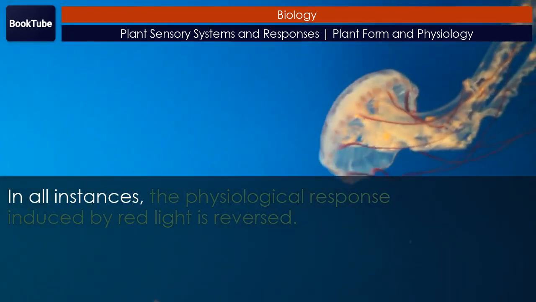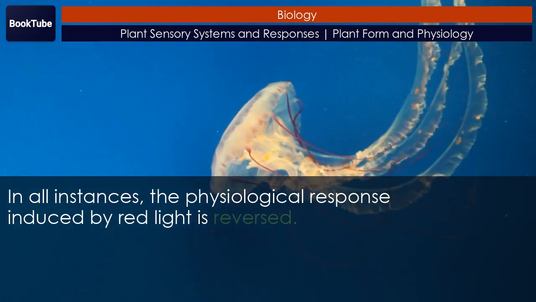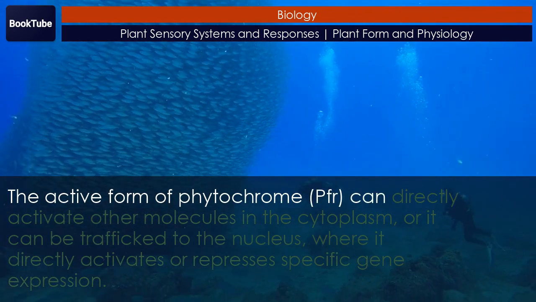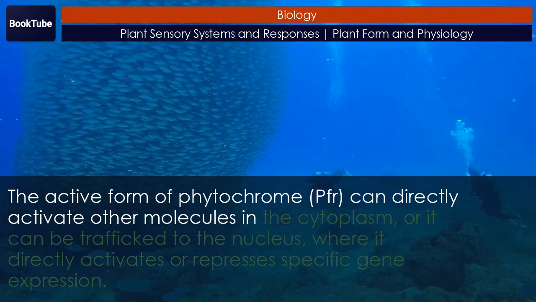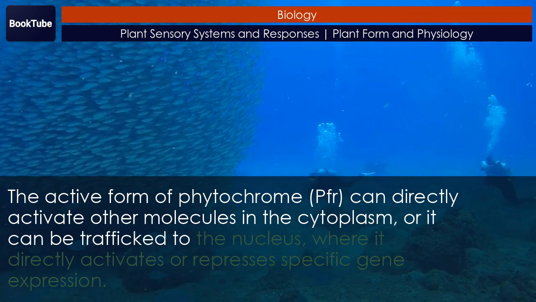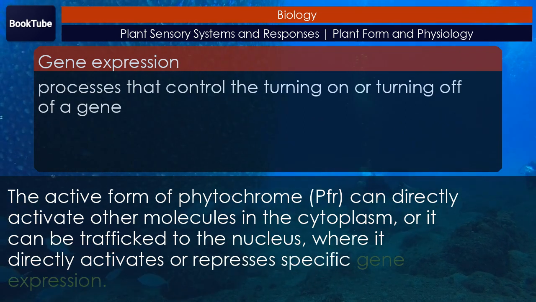In all instances, the physiological response induced by red light is reversed. The active form of phytochrome, Pfr, can directly activate other molecules in the cytoplasm, or it can be trafficked to the nucleus, where it directly activates or represses specific gene expression.